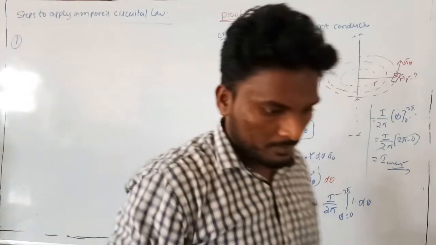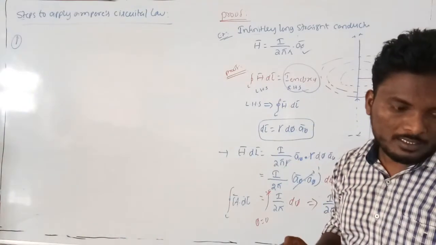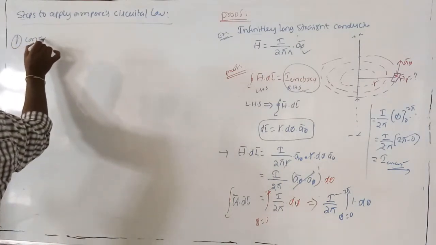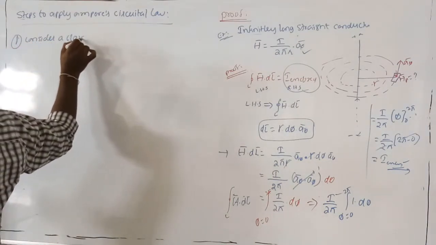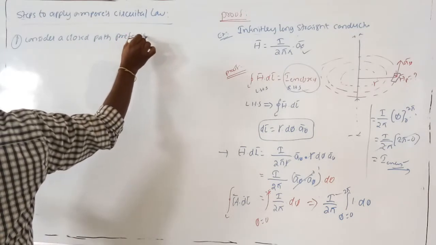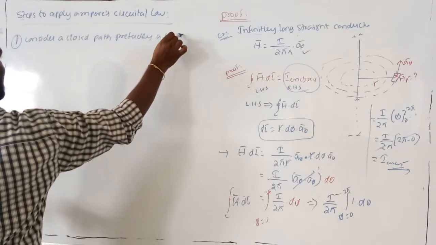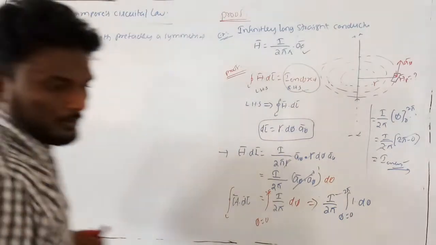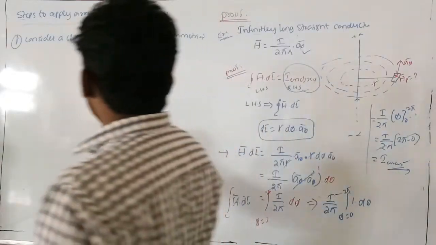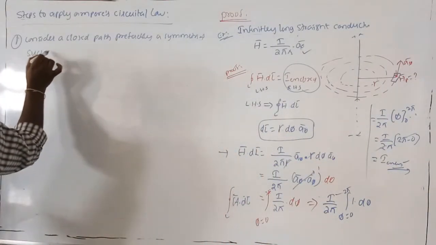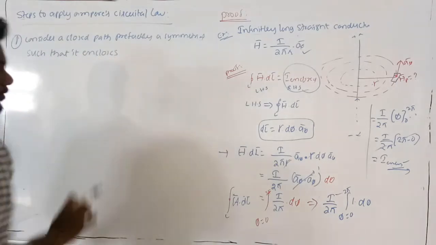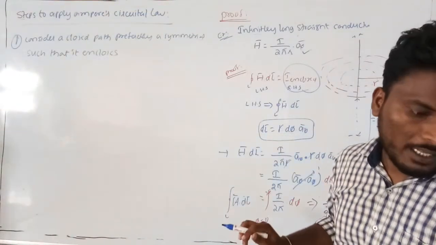The first step is: consider a closed path, preferably symmetrical, such that it encloses the direct current I once.